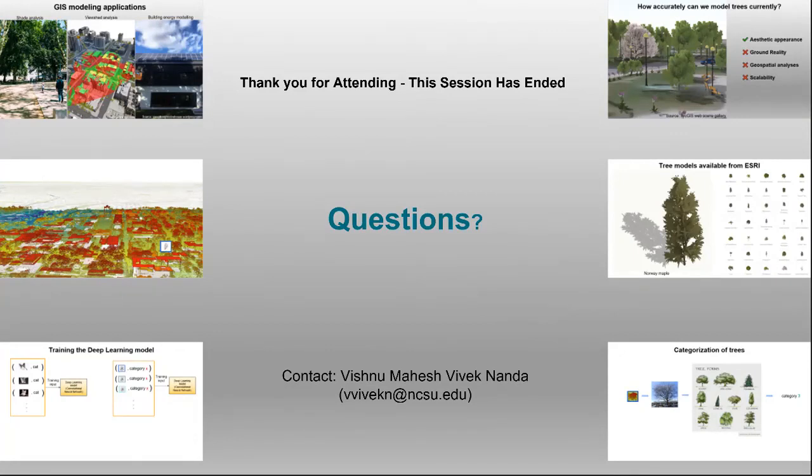But if the resolution of the LiDAR data is high enough, then we can individually segment them. The constraint is the resolution of the LiDAR data, and Charlotte has around 25 points per square meter. So we are hopeful that we will get a good representation.